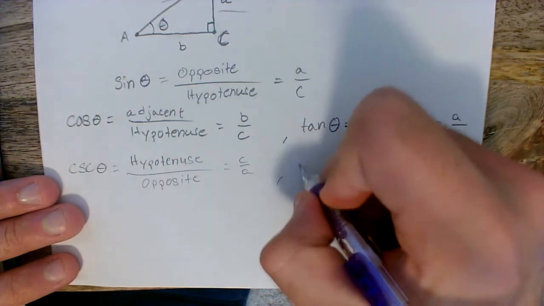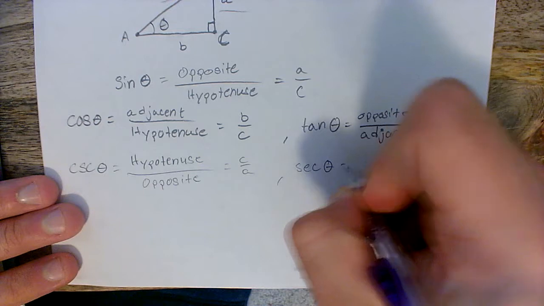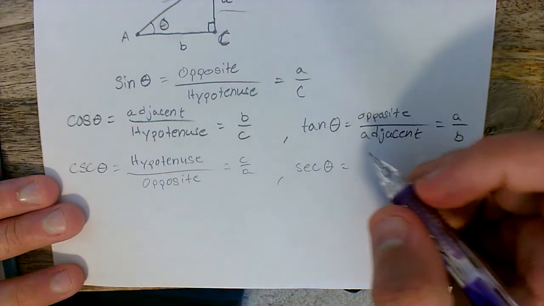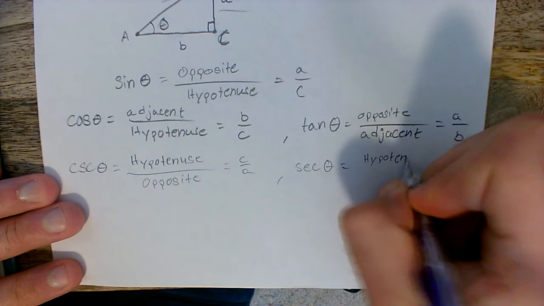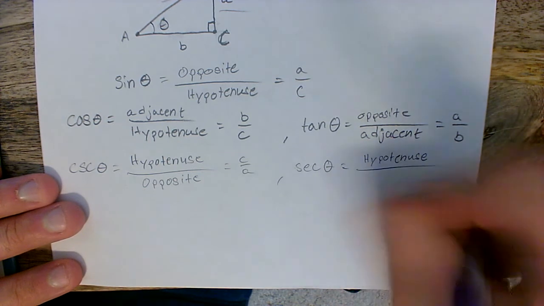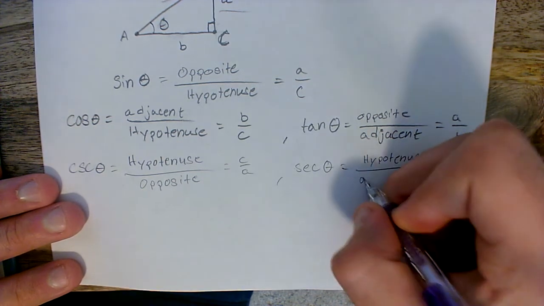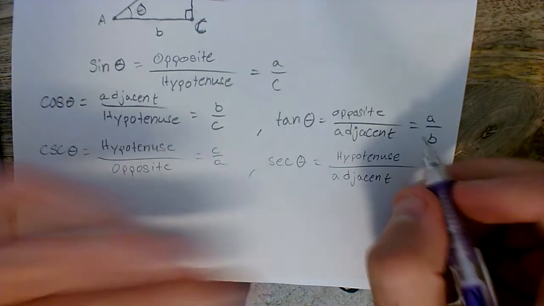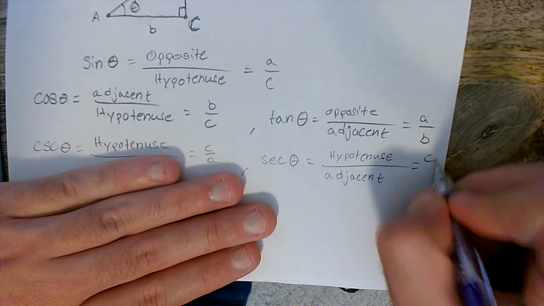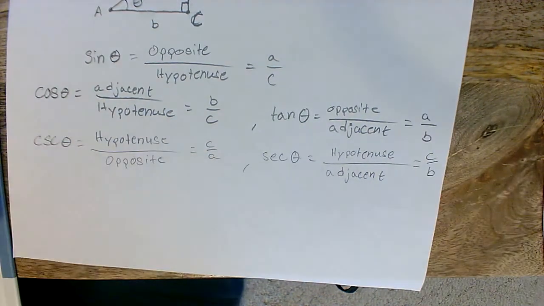The secant of theta is the reciprocal of cosine, so that's going to be the hypotenuse over the adjacent, which would be c over b.